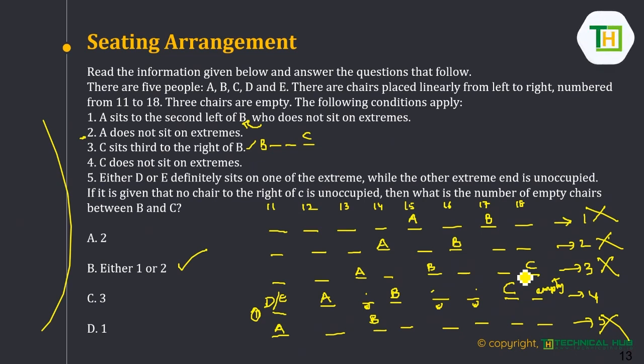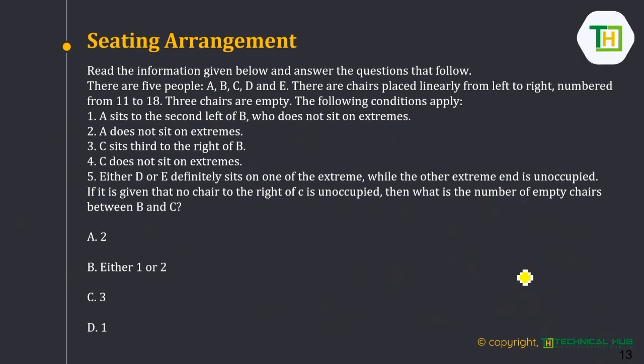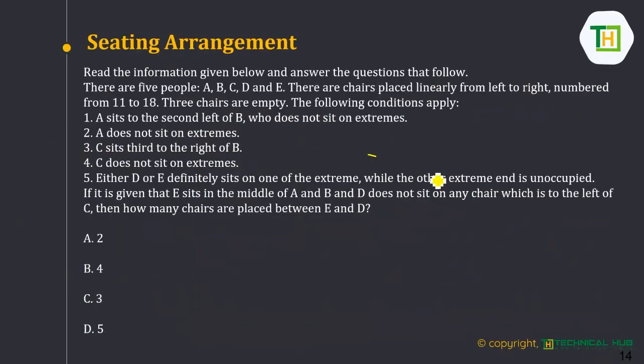Next one. Understood everyone? Yes. Next one. This is also the same here. A sits, and the condition is either D or E definitely sits on one extreme end, while the other extreme end is unoccupied.